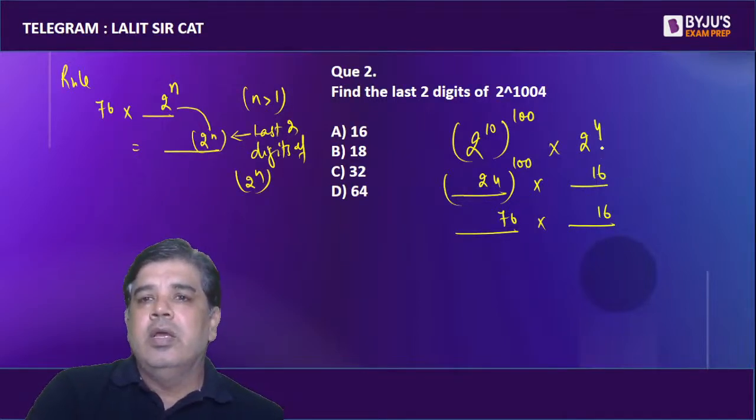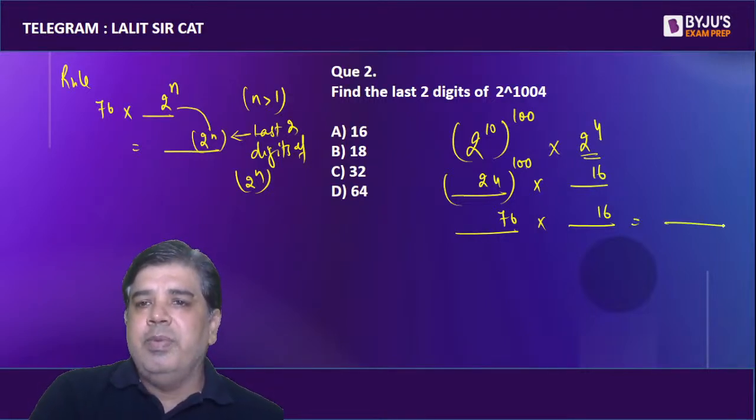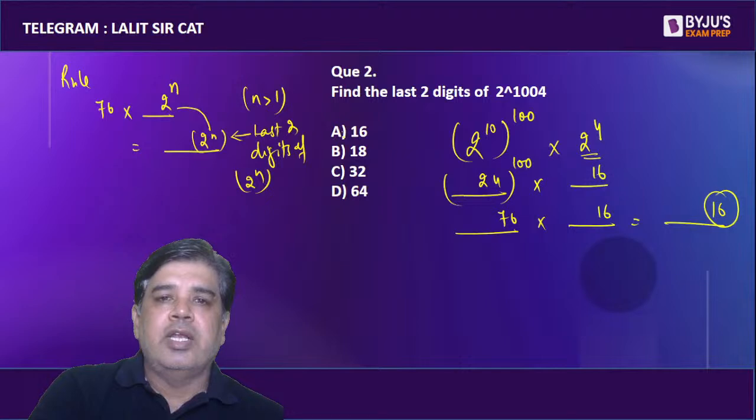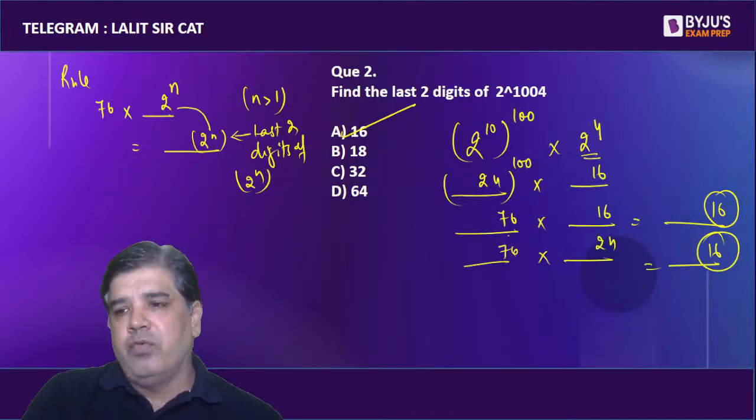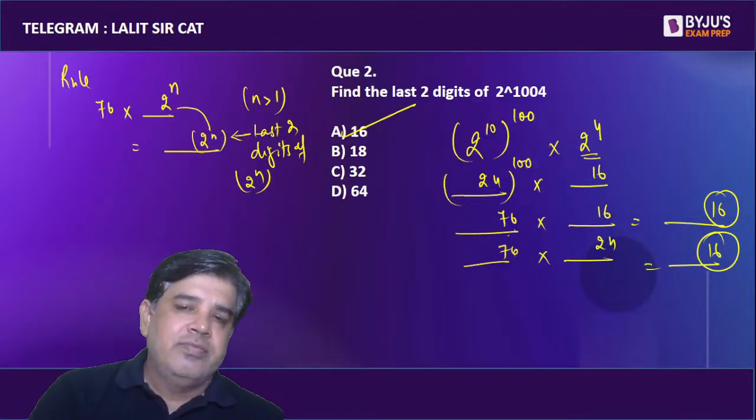Like here we have 2 raised to power 4, which is 16, so the answer will be 16 itself. That's all, because 76 into 2 raised to power 4 will give the last two digits same as 2 raised to power 4. So 16 is the answer.